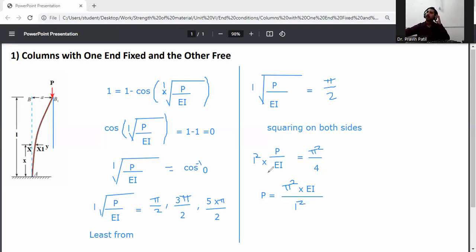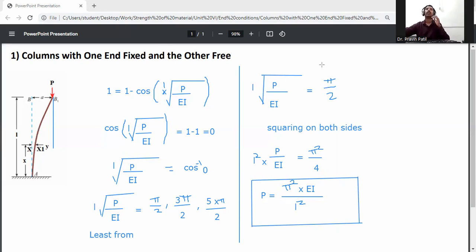Pi square EI by L square. Okay. So this one is the crippling load for hinged ends.